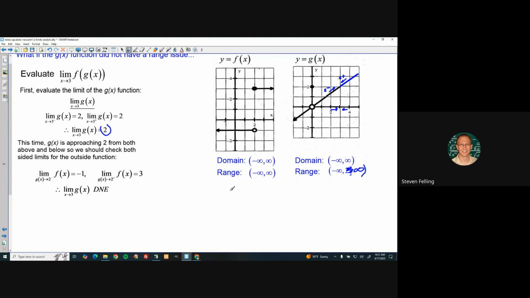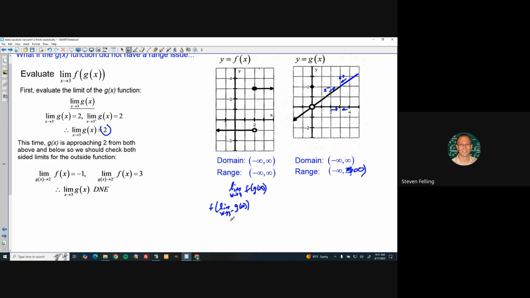We've got the limit as x approaches 3 of f of g of x. So first, we'll do this. This is going to be f of the limit as x approaches 3 from the left of g of x. I guess we could use this notation. On the g function, if we approach 3, that's going to give me 2 as the output, but it's approaching from the left.